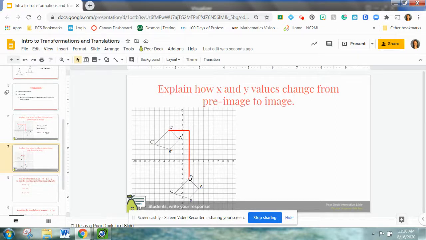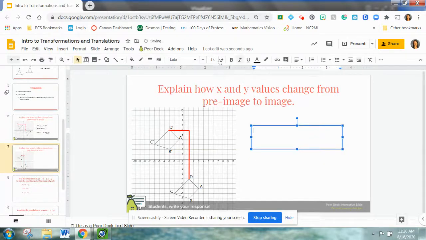So going from D to D prime. Now the up and down represents the Y. The side to side represents the X. So this distance is 1, 2, 3, 4. So if I want to start creating myself a rule, let's see.